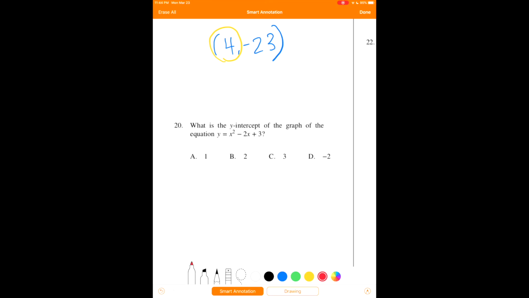20 is y-intercept, x squared minus 2x plus 3. We talked about how to do this using the graph before. I want to show you how to do this without the graph. So the y-intercept is always the y value when x equals 0.